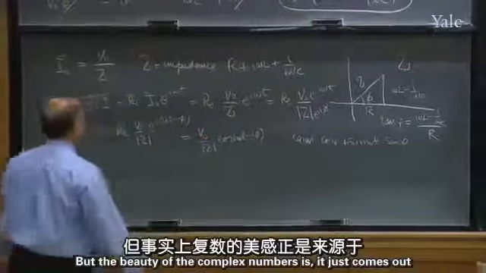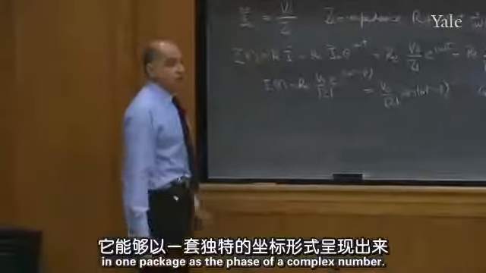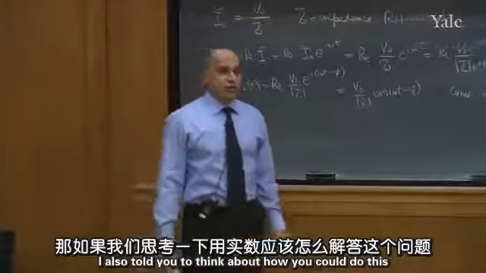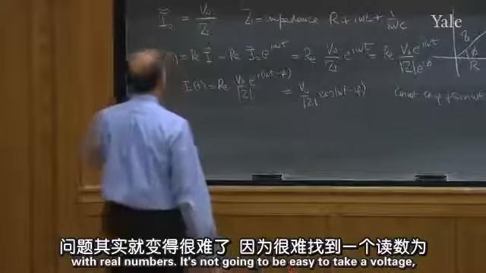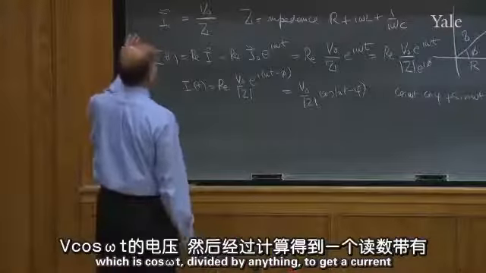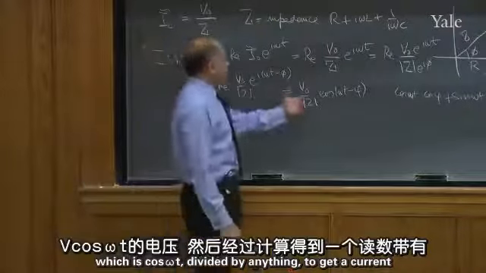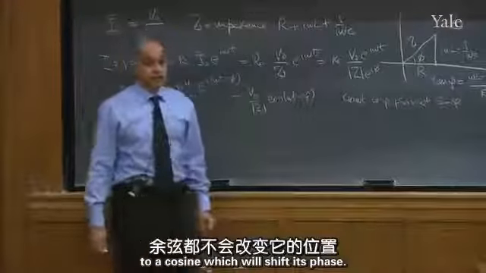But the beauty of the complex numbers is it just comes out in one package as the phase of a complex number. And I also told you to think about how you could do this with real numbers. It's not going to be easy to take a voltage, which is cos omega t, divided by anything to get a current which is cos omega t minus phi. There's nothing you can do to a cosine that will shift its phase.